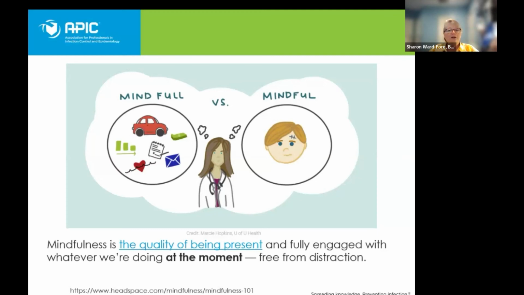So I'd like to talk about 2 concepts, and the first is mindfulness. So mindfulness is the quality of being present and fully engaged with whatever we're doing at the moment. Now, I know it sounds sort of new agey, but it's been around for a long time with origins in ancient Chinese medicine.